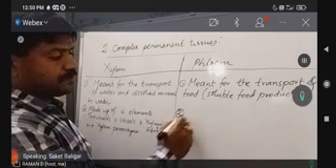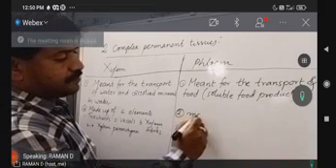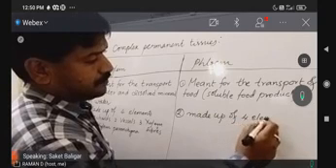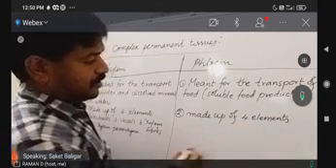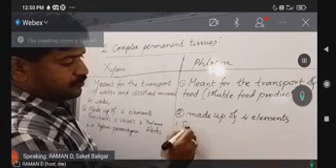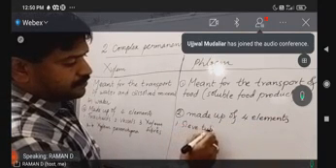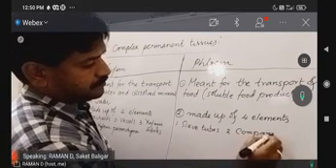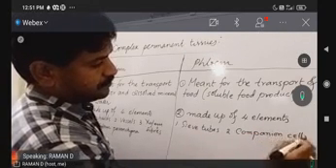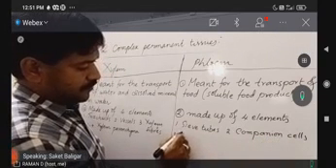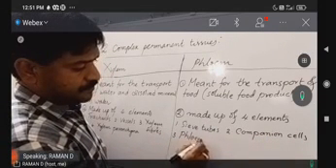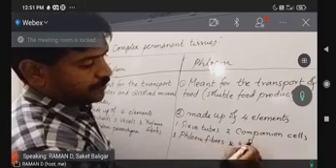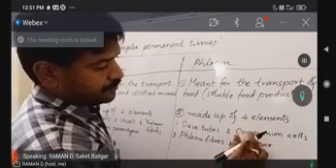Whereas phloem also is made up of four elements. They are sieve tubes, companion cells, phloem fibers, and phloem parenchyma.